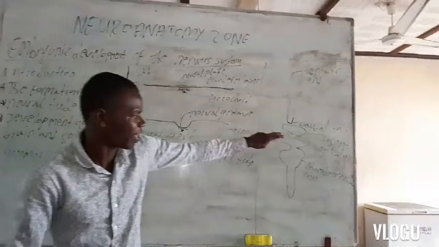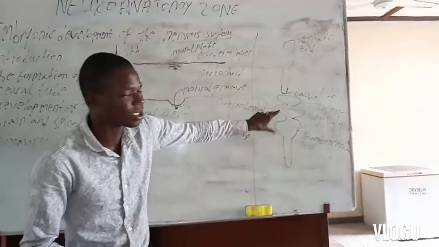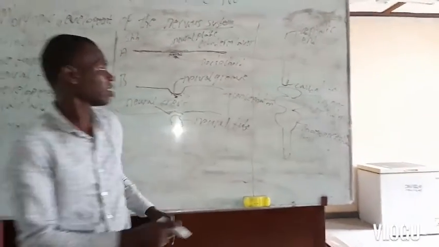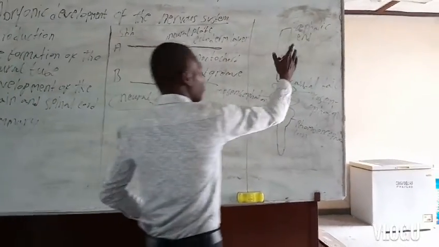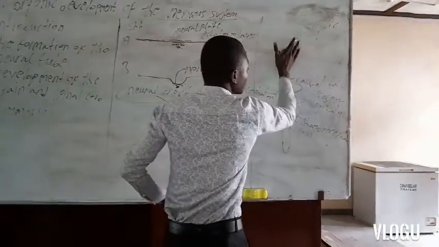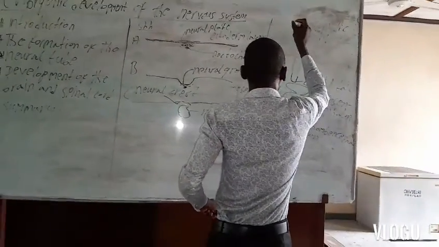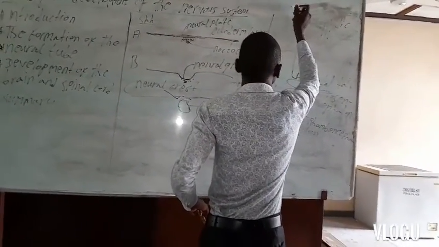After this first division to produce the 3 primary vesicles of the brain, these 3 primary vesicles will undergo further development and division to produce 5 secondary vesicles of the brain.